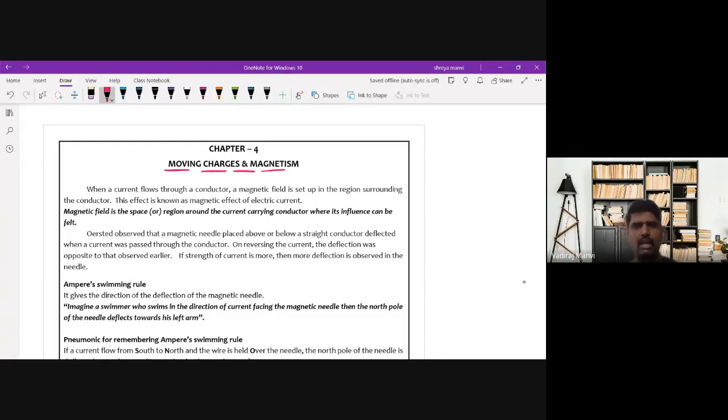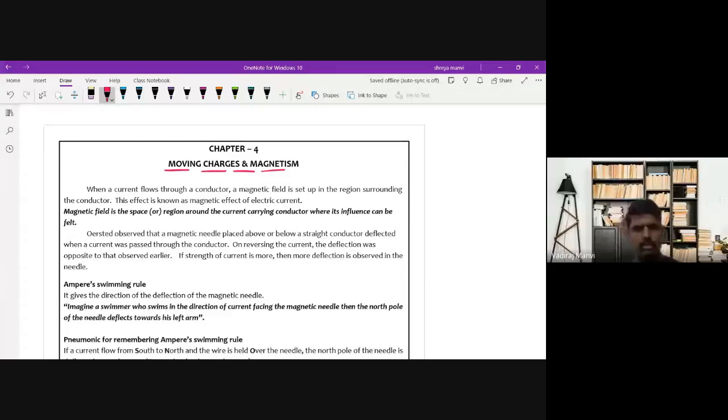Means around the conductor, you will see a magnetic field. And remember, a magnetic field is a vector quantity. Therefore, whenever I am studying this chapter, remember the direction is very, very important. This entire chapter depends on the direction of the magnetic field and the direction of the current. If I've understood that, then this chapter will become easy.